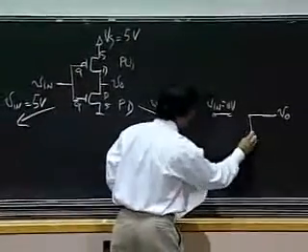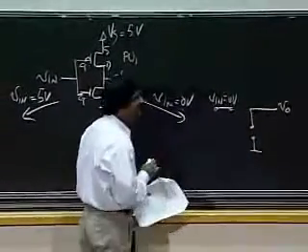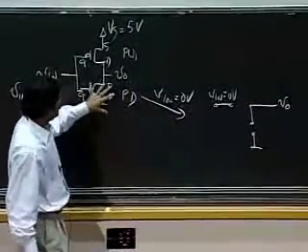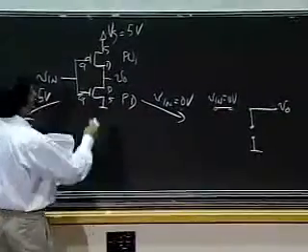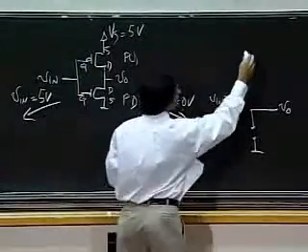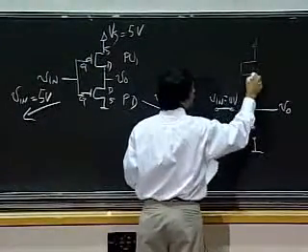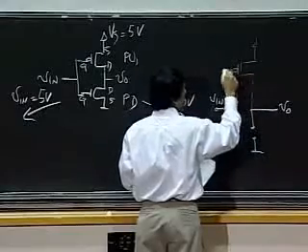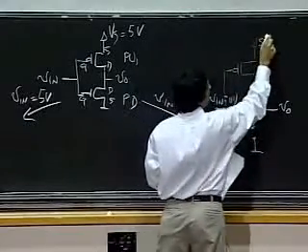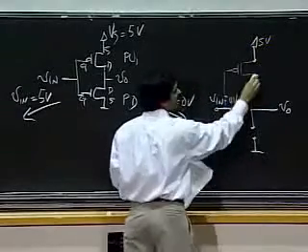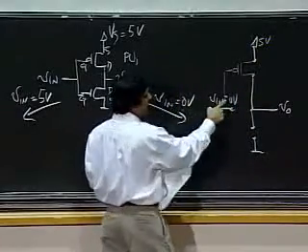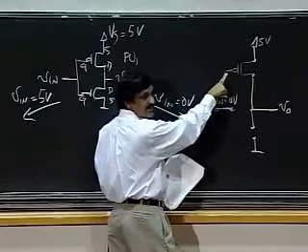And so that's the situation for the N-channel MOSFET. How about this guy here? This is at 5 volts, and Vin is at 0 volts.